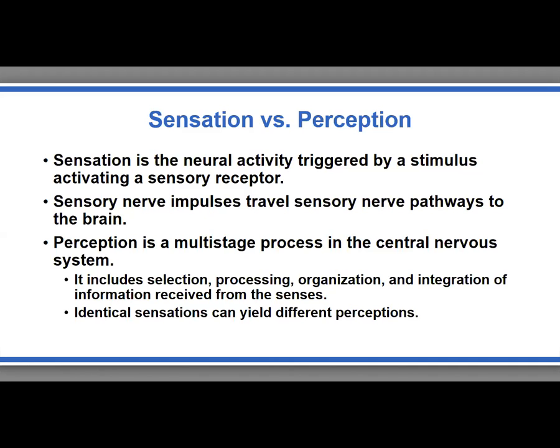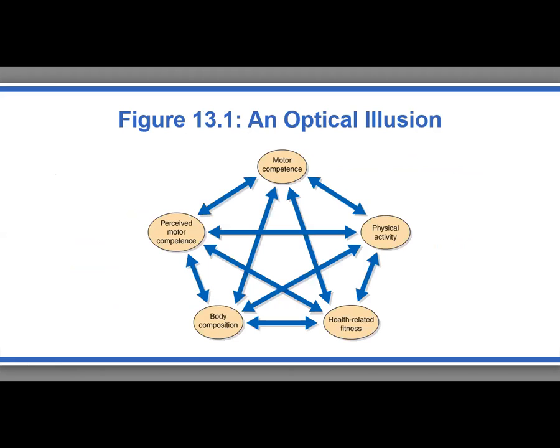And sometimes that happens. Sometimes we have a good, accurate account of the perception and sensation as well. So understand that there are two different things actually going on, or actually more than two different things. So if you look at this, these things all play into it: an optical illusion, you have your motor competence, which plays into perceived motor competence versus actual motor competence.